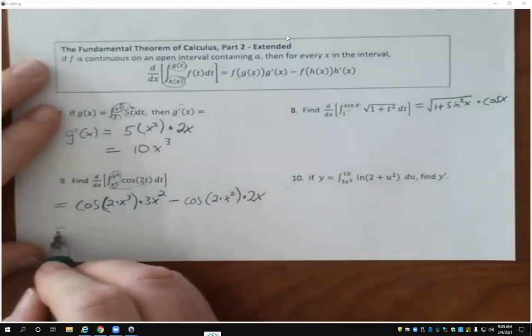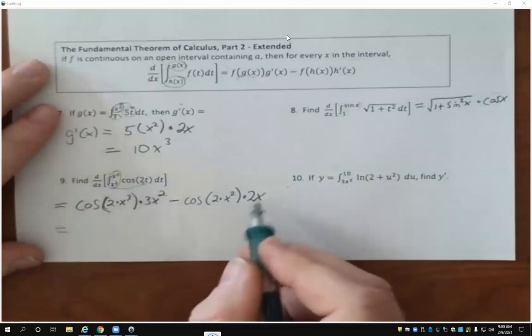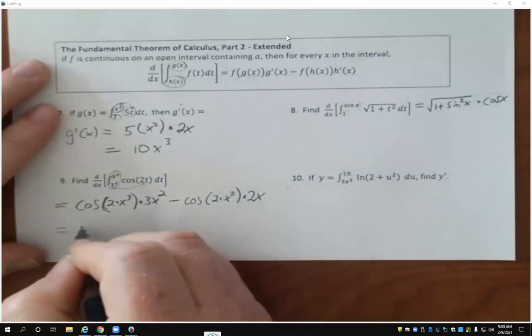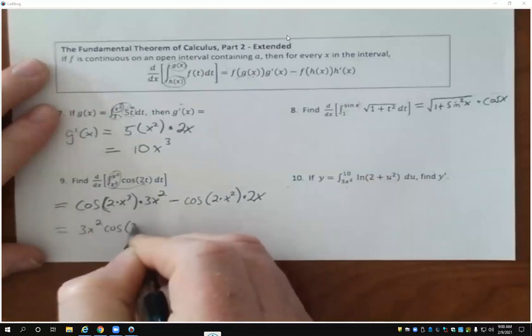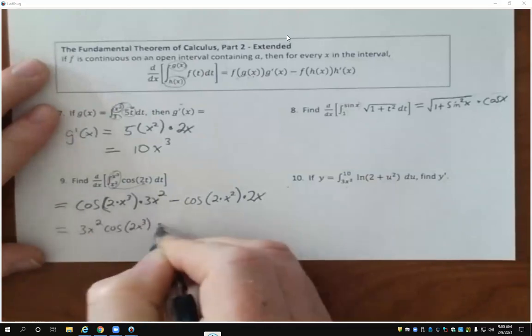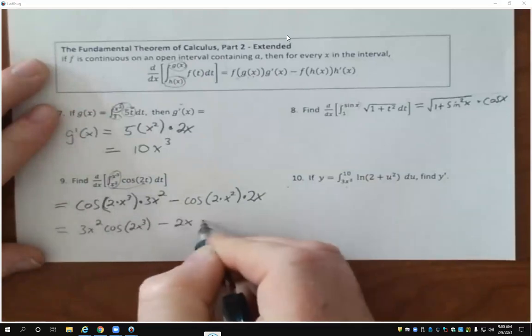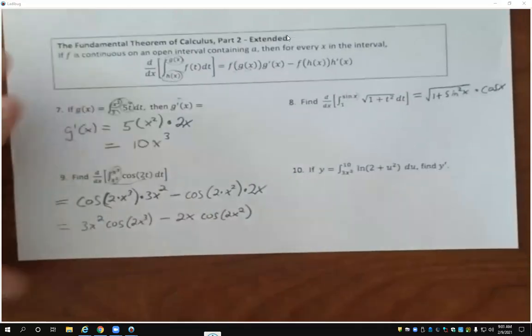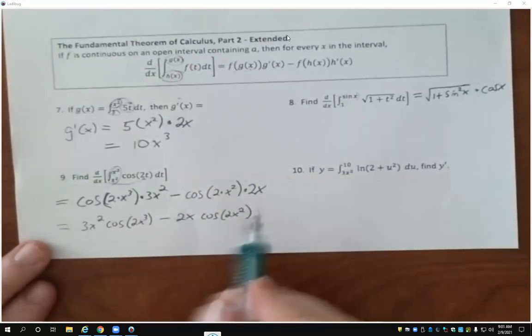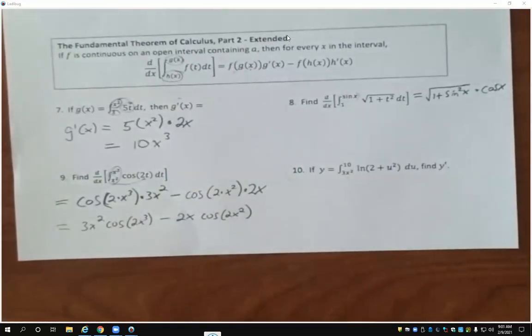Some people may decide that they like to put this 3x squared and this 2x in front and write it as 3x squared cosine 2x cubed minus 2x cosine 2x squared. Okay, but this is not wrong if you left it like that. If it's multiple choice, it might be like this.